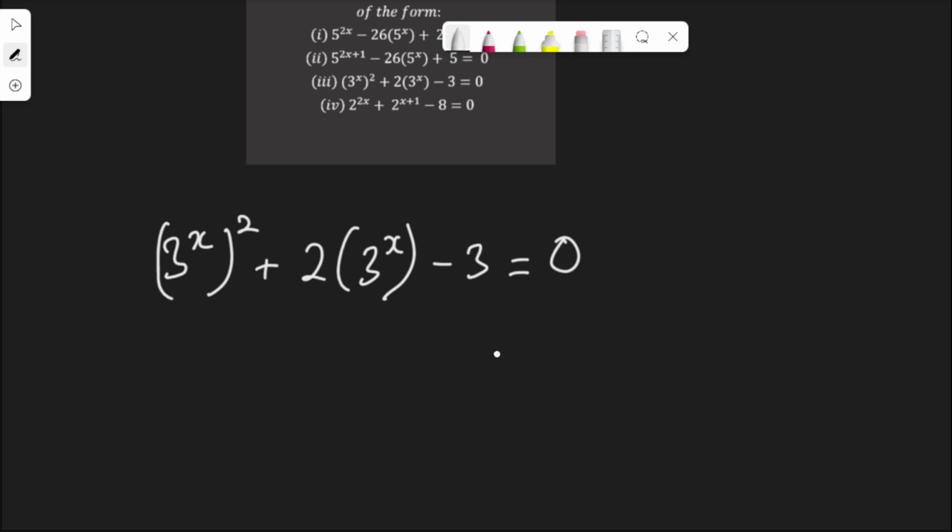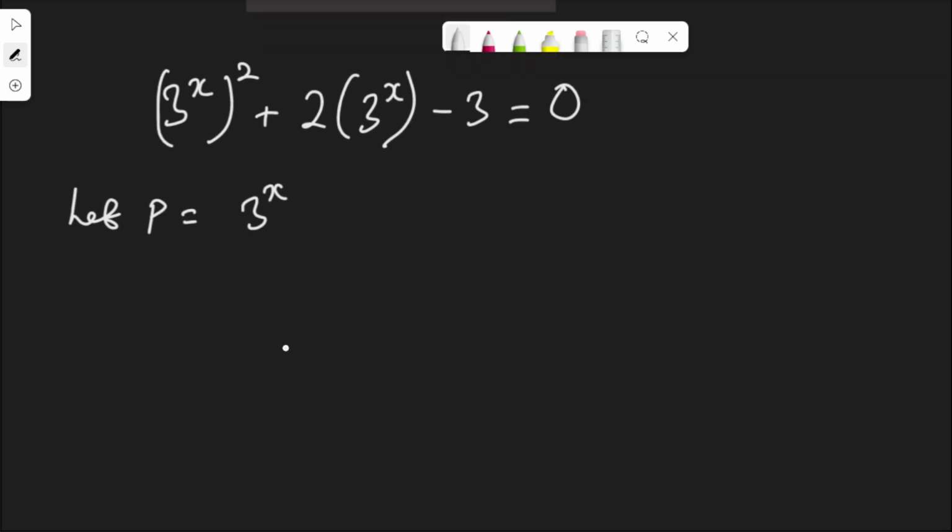This one is already arranged for us, so let's just substitute. Let p be 3 to the power of x, so that the equation becomes p squared plus 2p minus 3 equal to 0.